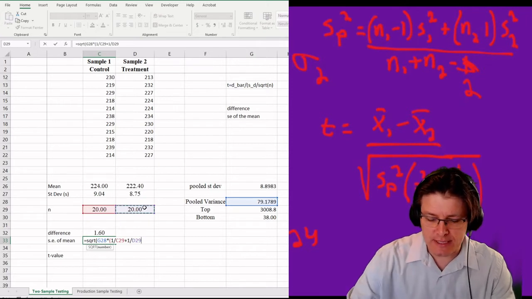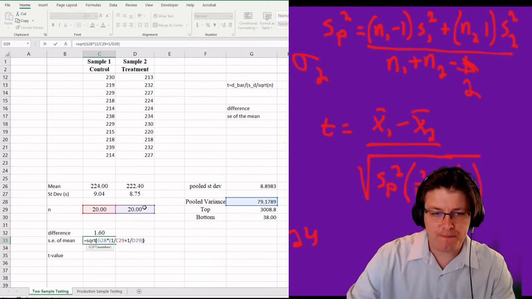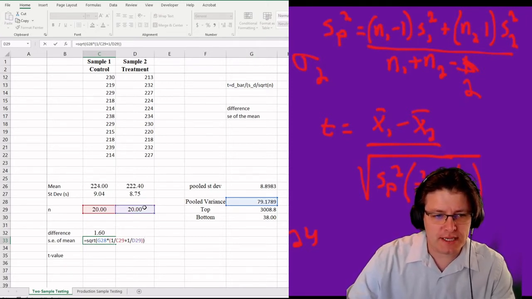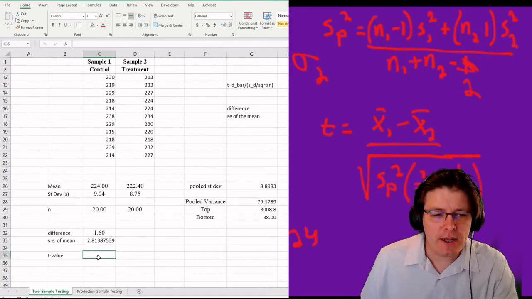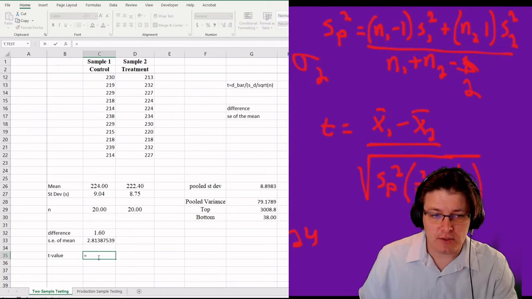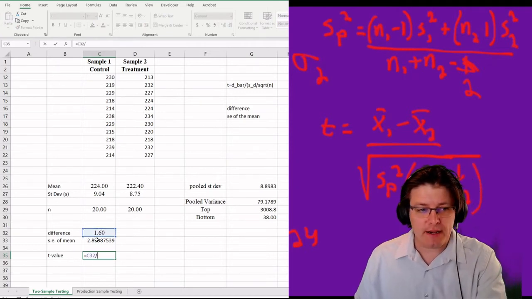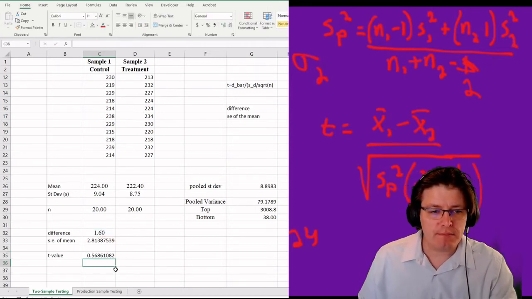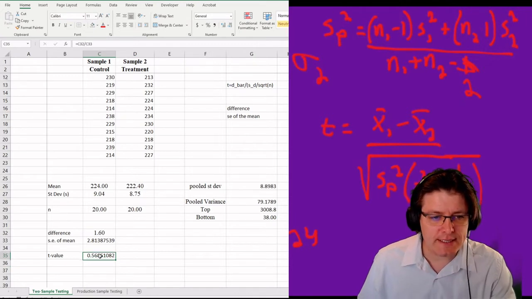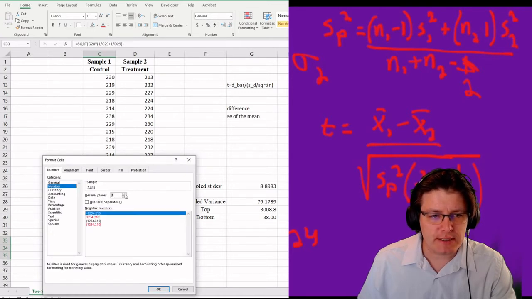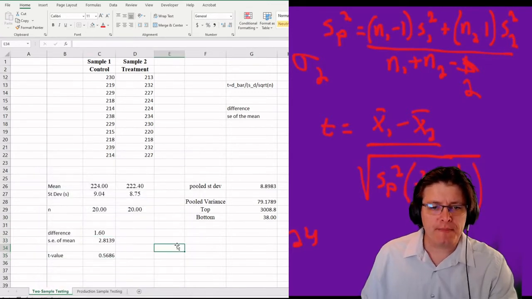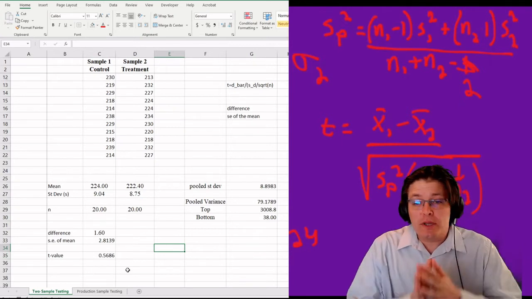Now, obviously, these are the same sample size, so we could have smushed that together in this case, but that gives us 2.813 in the denominator, and so our t-value is just the numerator divided by the denominator, and so we get 0.5686. Again, I've got some formatting issues here. I'm just going to quickly clean that up so we can see things a little bit better. And so we have a t-value.